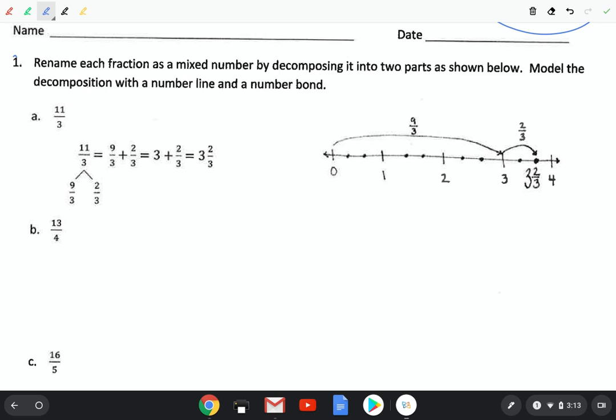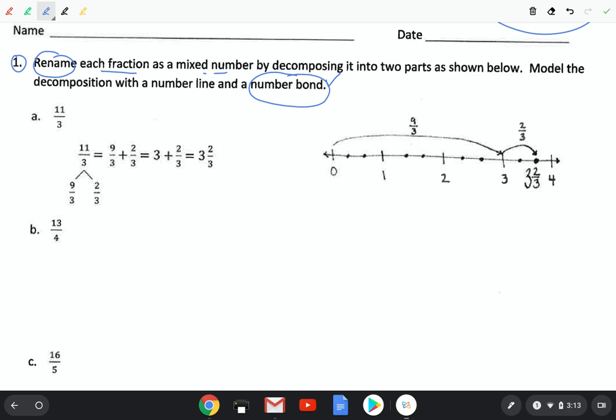Let's begin. Number 1 says rename or rewrite each fraction as a mixed number by decomposing it into 2 parts as shown below. Model the decomposition with a number line and a number bond. For sure, I would like for you guys to use a number bond. Let me put a check mark on that one.